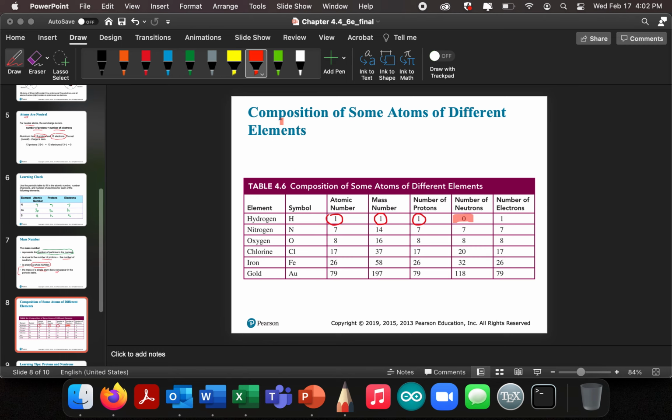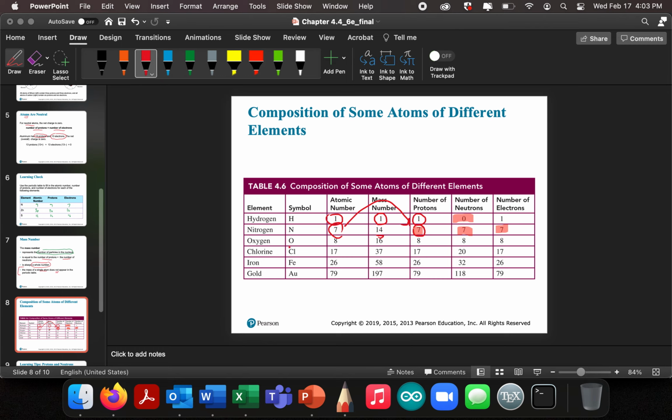Nitrogen has its atomic number 7. Its mass number is 14. Why? Well, it has 7 protons because it's atomic number 7, but it also has 7 neutrons. And it has 7 electrons because it has 7 protons, and we're talking about atoms.